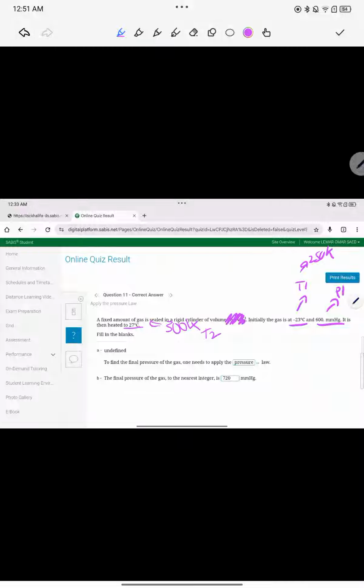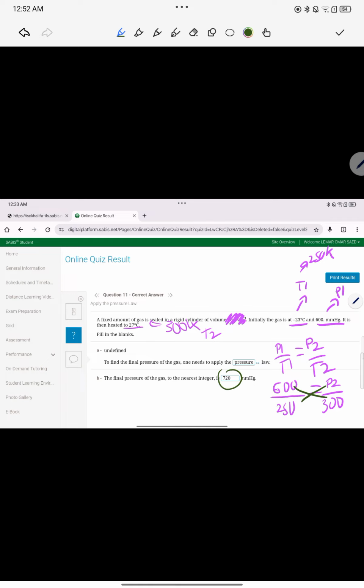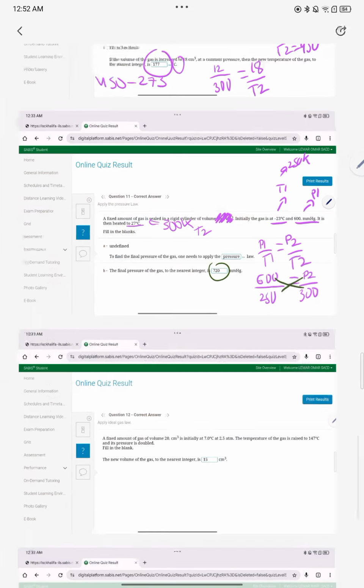So now we apply P1 over T1 equals P2 over T2, and it will be 600 over 250 equals to P2 over 300, and then you cross multiply, you will get 720. Sorry about the mistake.